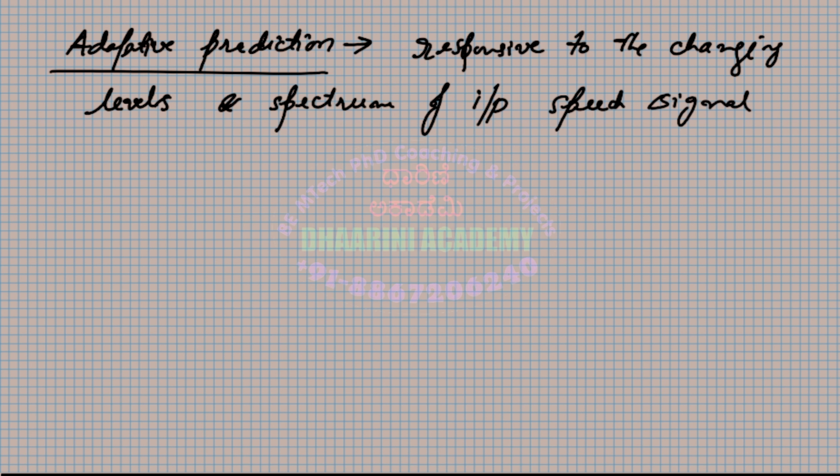Incoming is a speech signal. It has to be responsive to that. How much will the level change compared to the current sample, what will happen with the next sample?